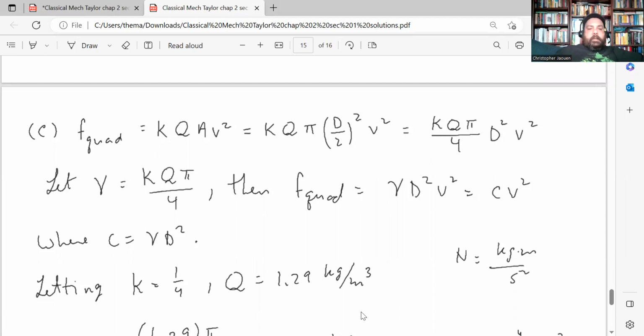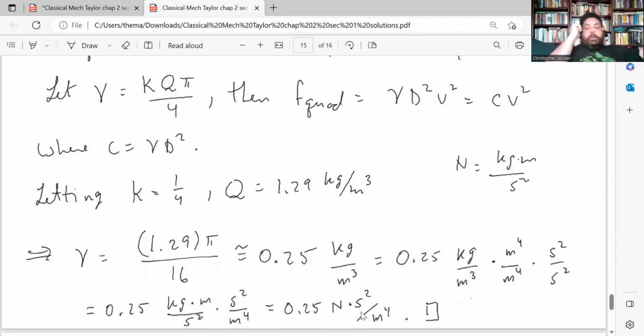If you let gamma equal kappa Q pi over 4, then the quadratic drag force has the form gamma times D squared times V squared, which is equal to C V squared, where C equals gamma times D squared. So it has the form that you want.